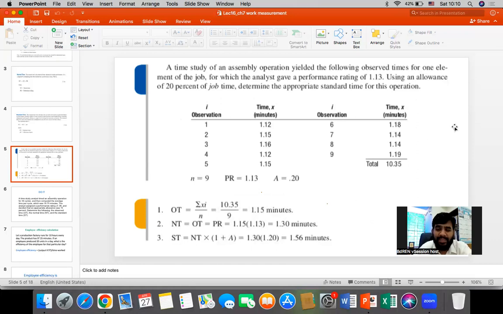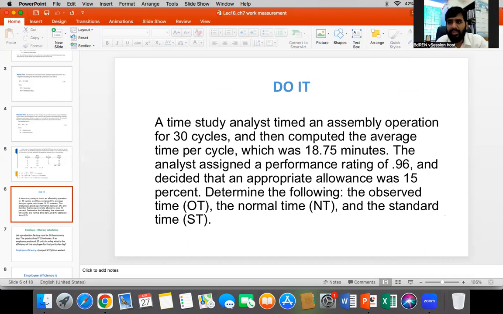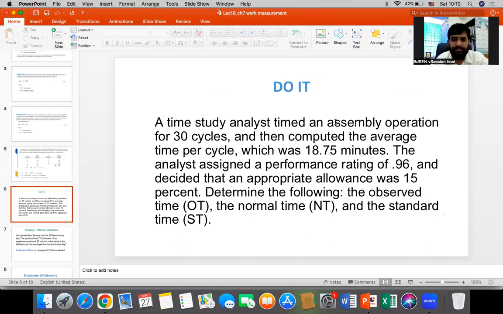Because this chapter is introduced to know what the standard time is, and we will apply standard time in our calculations. So can you solve it? I think everybody must show the solution, like schoolboys. Solve it.